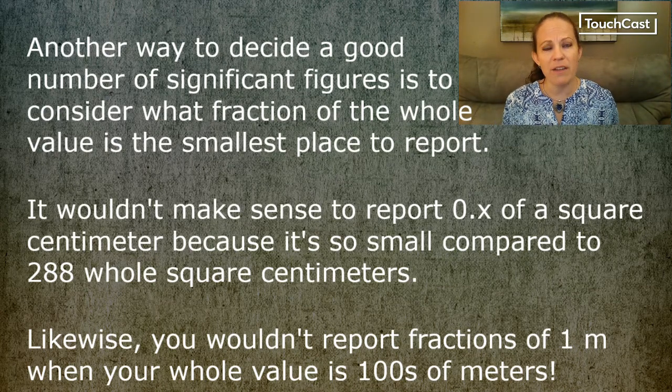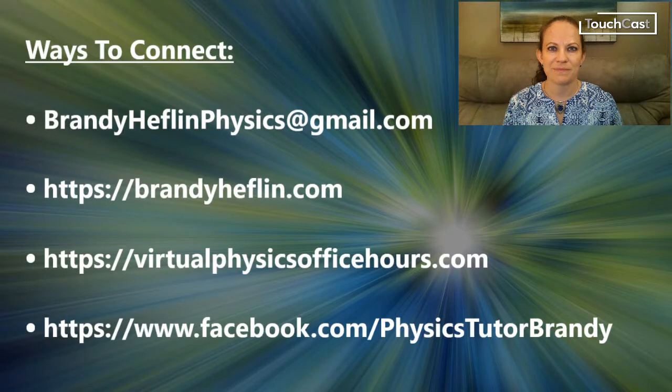So a similar line of reasoning that you can apply in physics, especially when making distance measurements, is that you wouldn't report fractions of 1 meter if you're measuring something in the hundreds of meters, or especially even thousands of meters.